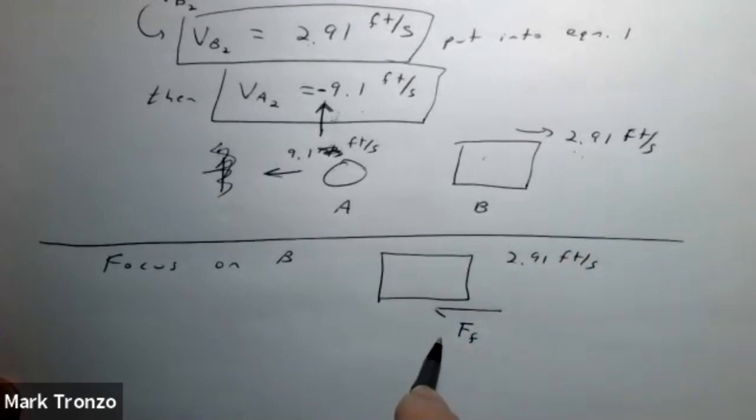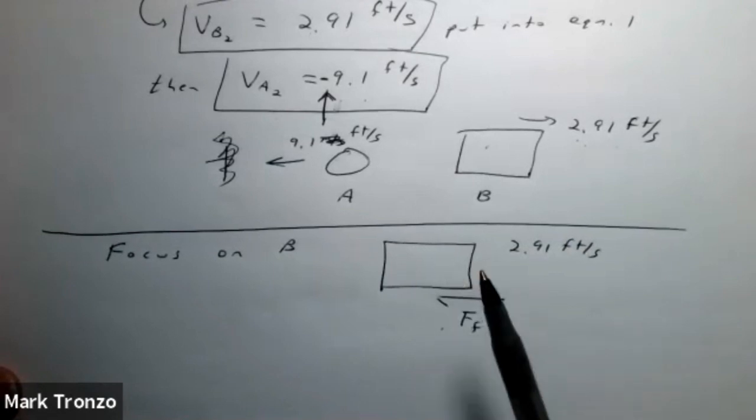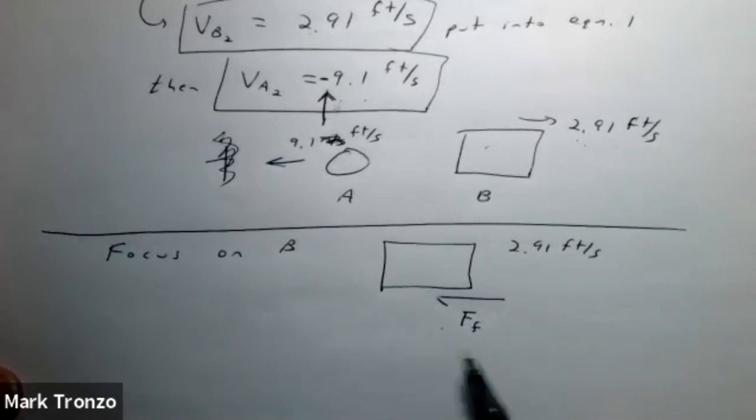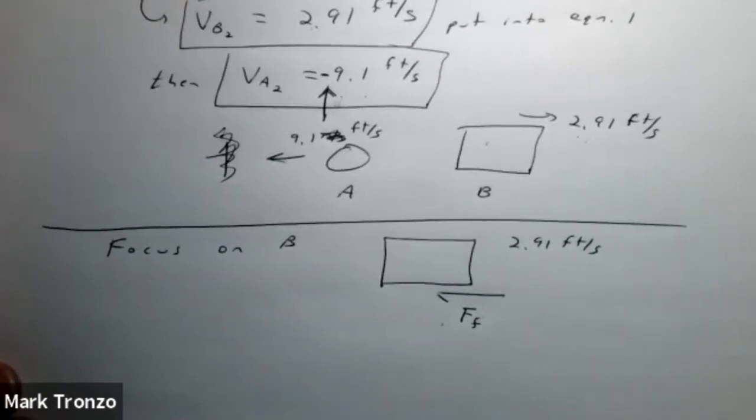Only force acting is friction. And since they've asked us for time, we want to use impulse and momentum. If they would have asked us for distance, we would have used work energy.